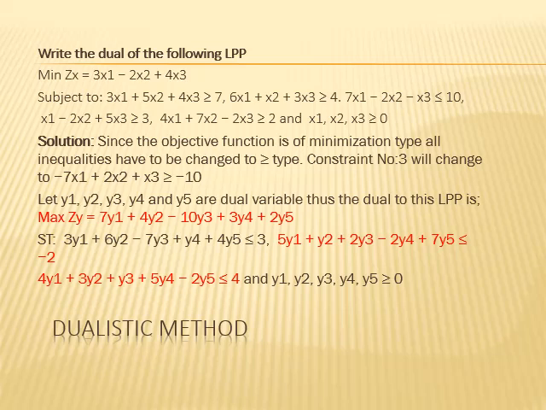Because the original is less or equal 10, after the transformation we got negative 10. So negative 10y3 plus 3y4, 3 is the constant of the fourth constraint, plus 2y5, 2 is the constant of the last constraint.